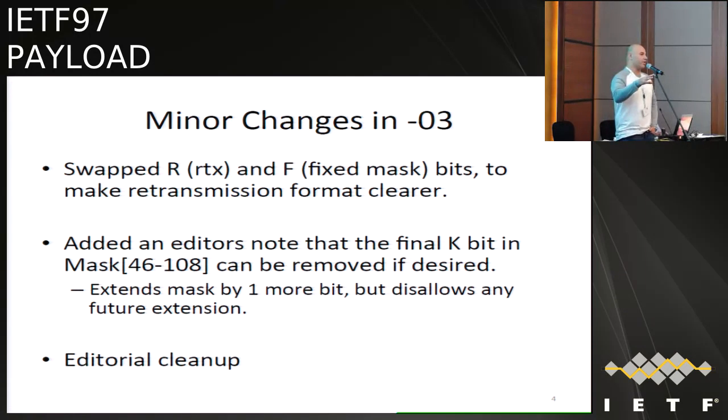It's also worth noting that if you do have a need for enormous windows, there is, in the current spec, a facility for up to 64K windows. If you don't use the mask, if you use the row and column, you can have up to 256 rows and 256 columns. So you can have up to a 64K window of packets that you're protecting. And that's if you have a very regular fixed pattern, and large video like that would have a very regular fixed pattern.